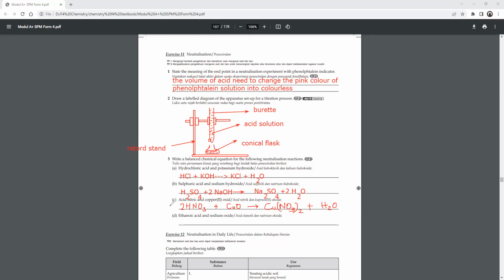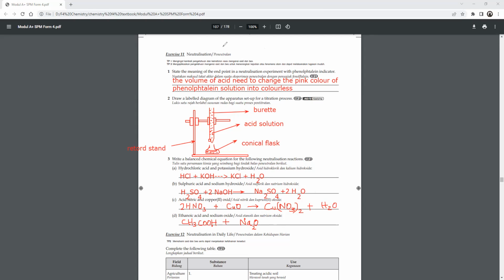Okay. Ethanoic acid and sodium oxide. Ethanoic acid is CH3COOH plus sodium oxide. Na oxide: O is 2, this one is 1, so Na2O.